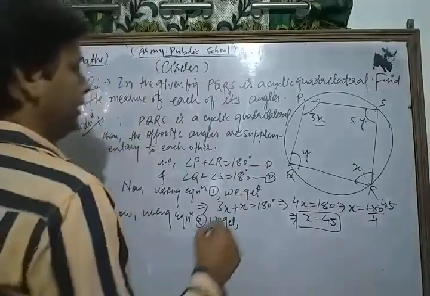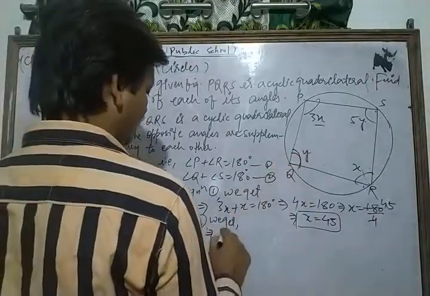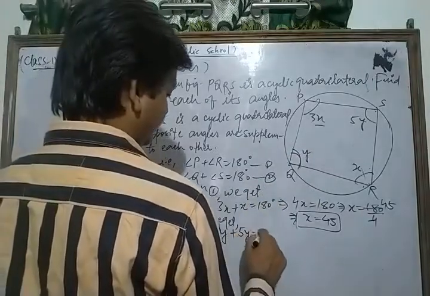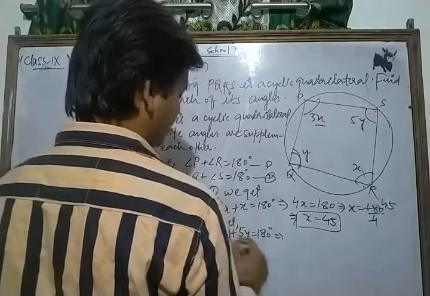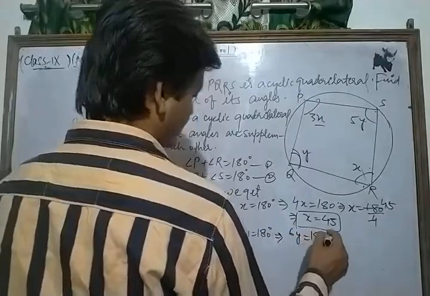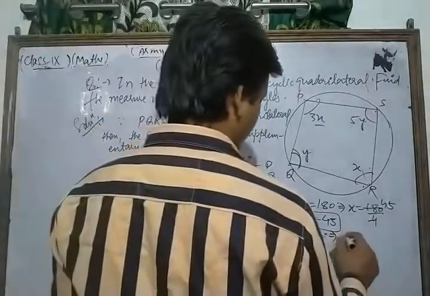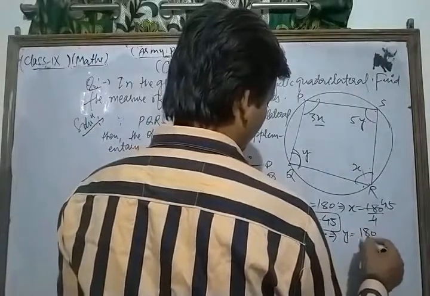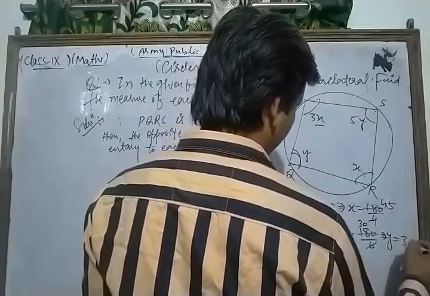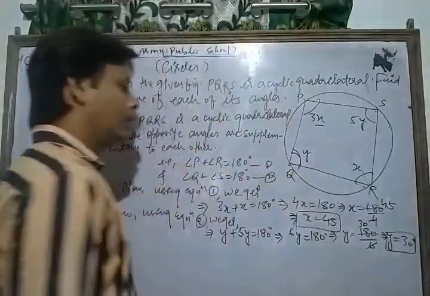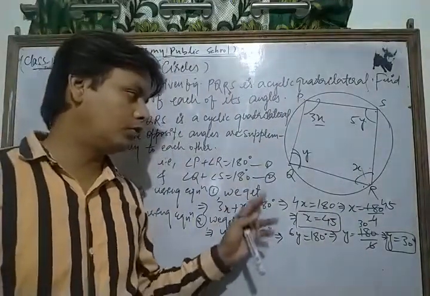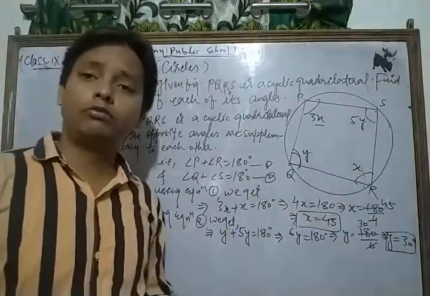So angle Q is y, plus angle S is 5y, equal to 180 degrees. So 6y is equal to 180 degrees, so y is equal to 30. In this way we find the value of x, which is 45, and the value of y, which is 30 degrees.